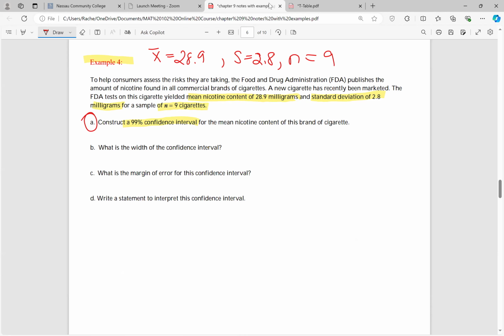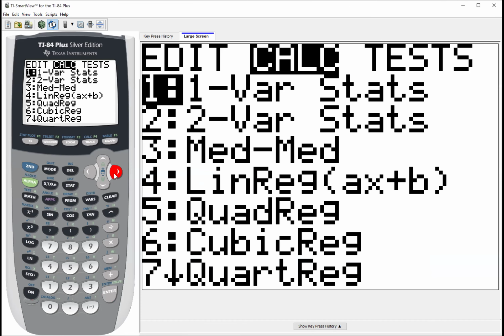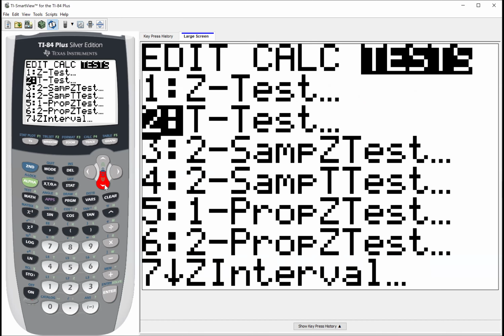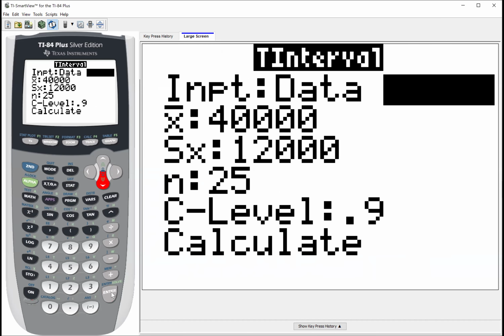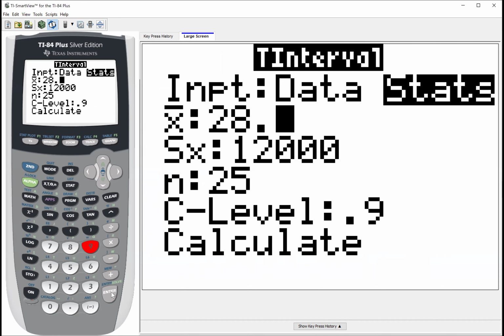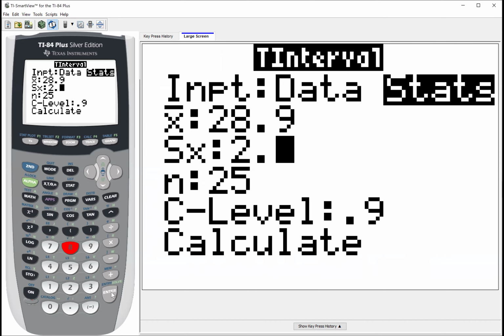So in the calculator, I'm going to press stat. We're going to go over to tests, and remember it's option 8, T interval. Let's enter our stats. So X bar is 28.9. S, the sample standard deviation, is 2.8, and my sample size is 9, and my confidence level is 0.99 since we're creating a 99% confidence interval.